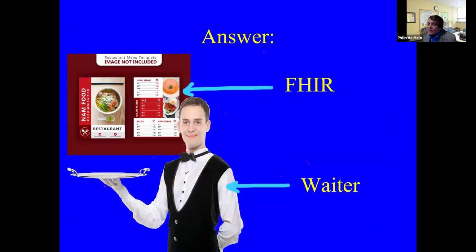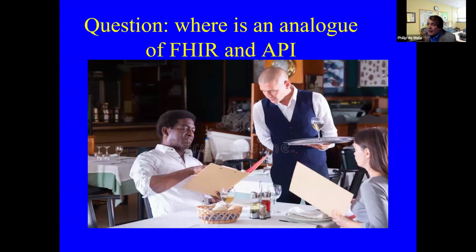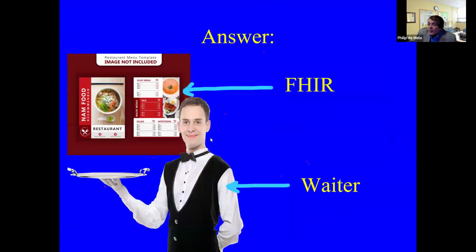Okay, now if the question would be where is FHIR here, and where is API? Of course, FHIR is a menu, because it is a standard, it shows the dishes that are available, and the waiter is an API. So that is what it is.